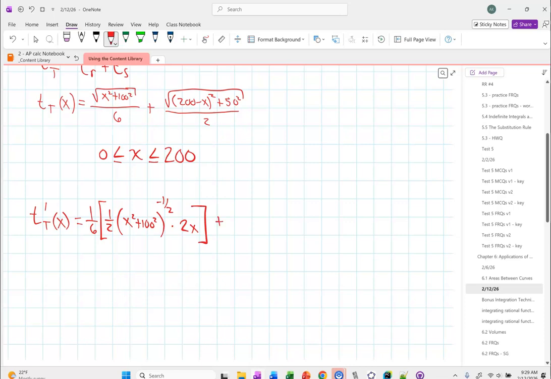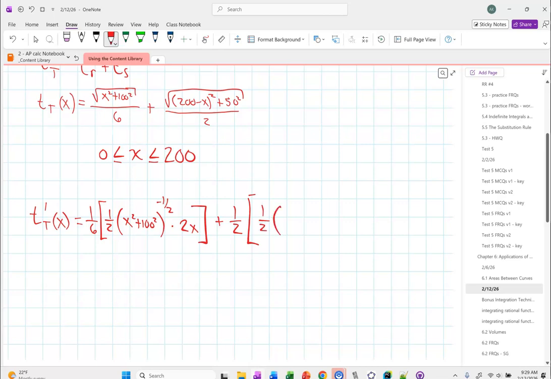How about here? What do I need to differentiate that piece? Same rule. Actually, 2 chain rules, because there's the composition for the square root and the composition for the quantity squared, right? Now, could you FOIL out that quantity squared to eliminate a chain rule? You could. I'm not going to bother with it, but you could. Ready so far? Okay. So I have the 1/2 from the over 2.